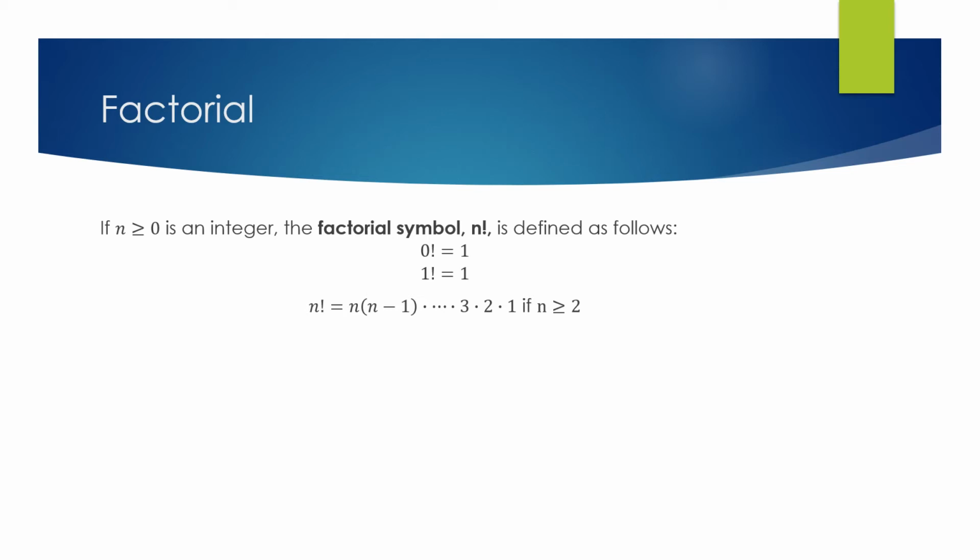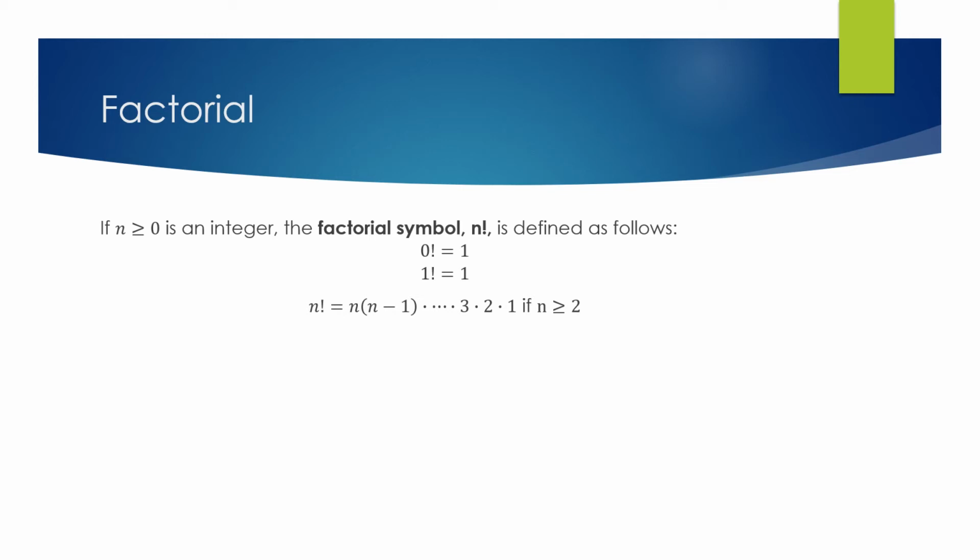Factorial. This might be a new term to you. It says if n is greater than or equal to 0 and is an integer, the factorial symbol, n factorial, that exclamation mark means factorial, is defined as follows. 0 factorial equals 1. 1 factorial equals 1. n factorial is equal to n times n minus 1 times n minus 2, n minus 3, n minus 4, down to times 3 times 2 times 1 if n is greater than or equal to 2.